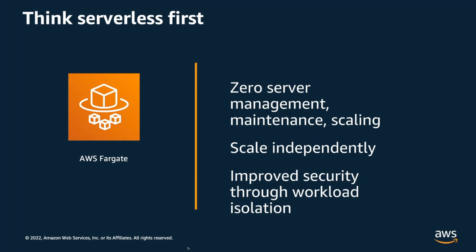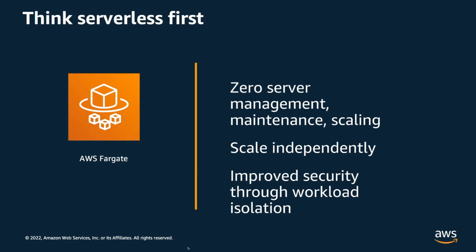There's patching, there's scaling, and there's securing the access to the host itself. With AWS Fargate, customers don't have to worry about managing the underlying servers that their containers run on. This moves us up the stack. We're managing less, and we're focusing on the application and less on the underlying infrastructure. This is thinking serverless first.